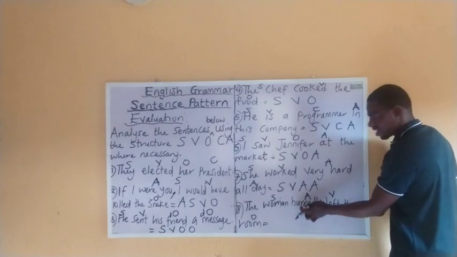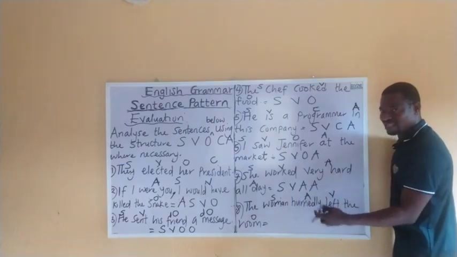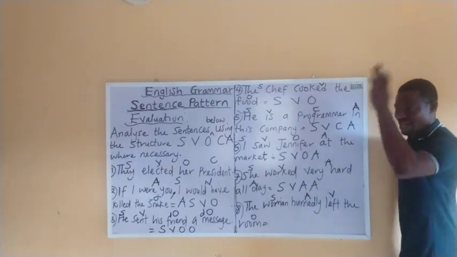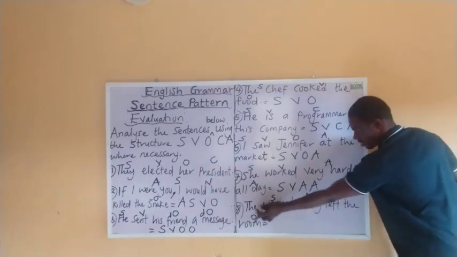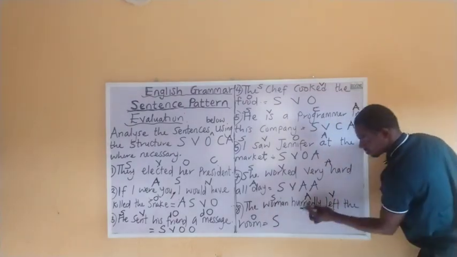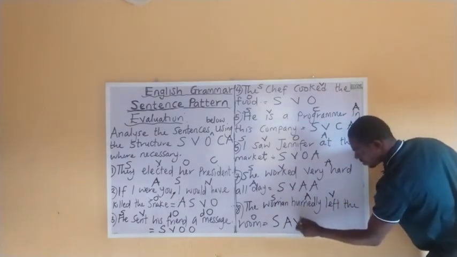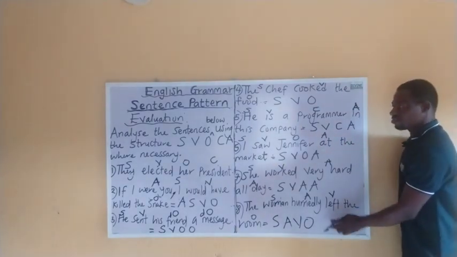That's one important aspect of the adverb, acting as an adjunct, a mobile element. It can be at the beginning, the middle, or at the end. So here, it is in the middle: the woman hurriedly left the room. So we have SAVO. Quite a sentence structure.